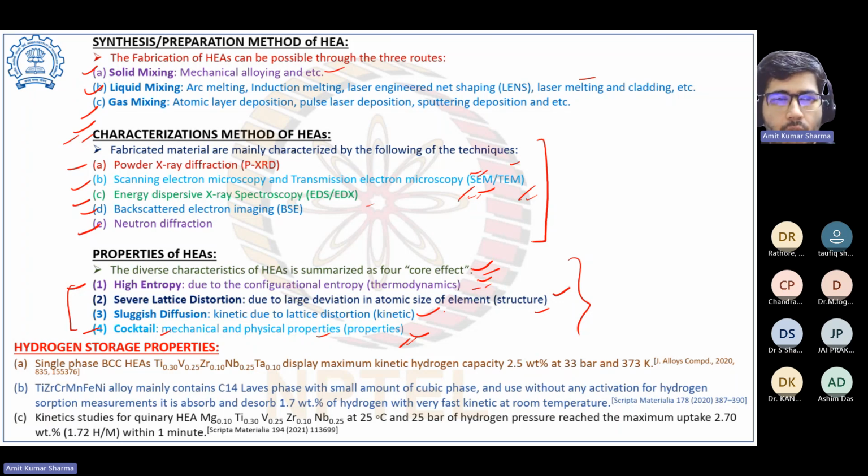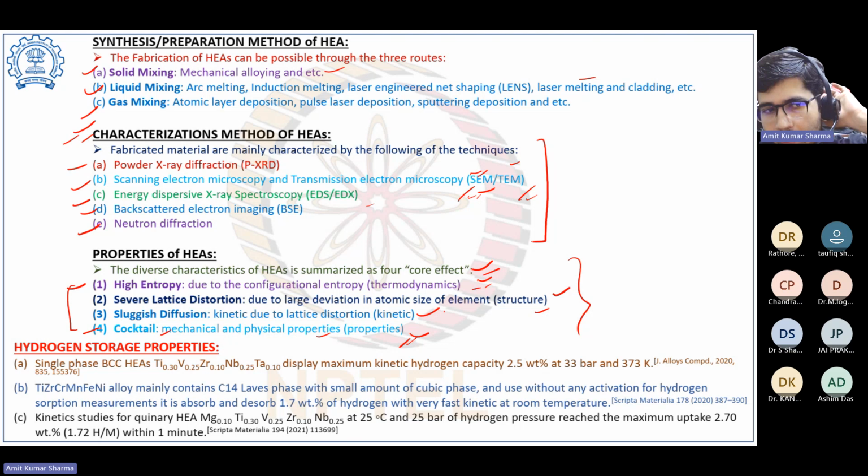So these are the methods to characterize your alloy, because in your alloy you have multiple elements, so you need to characterize how they are arranged, what the structure is now, what the surface is now, what the roughness is, and how the pores are. So these are the characterization.